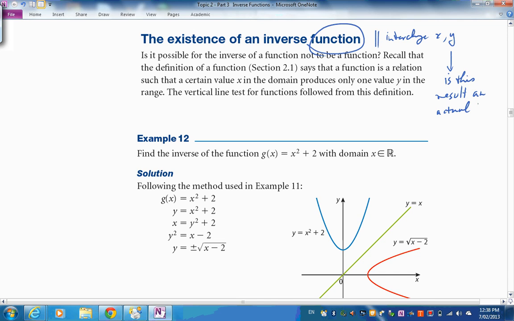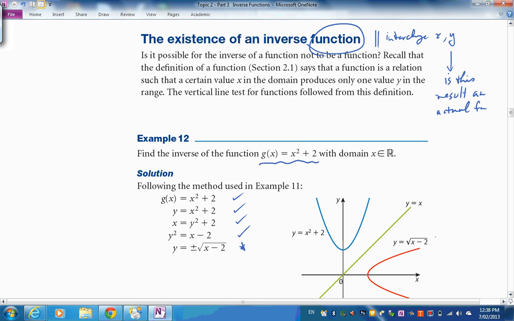So in other words, for each x value there's only one y value. Let's have a look at starting with the function x squared plus 2. Here we go. Put y equals, interchange x and y, get y on one side as the subject of the formula. There it is. Y squared equals x take 2.